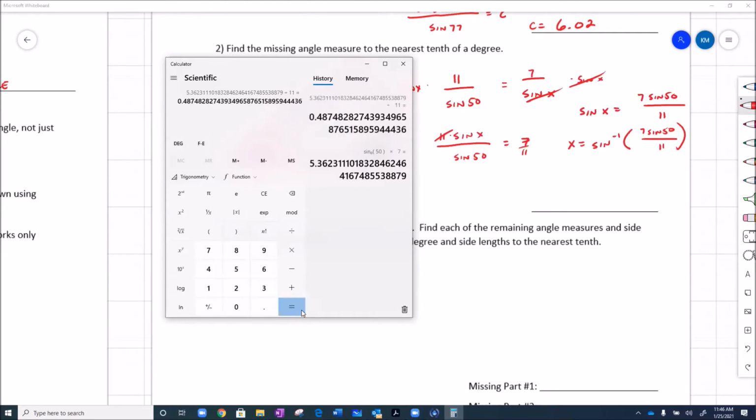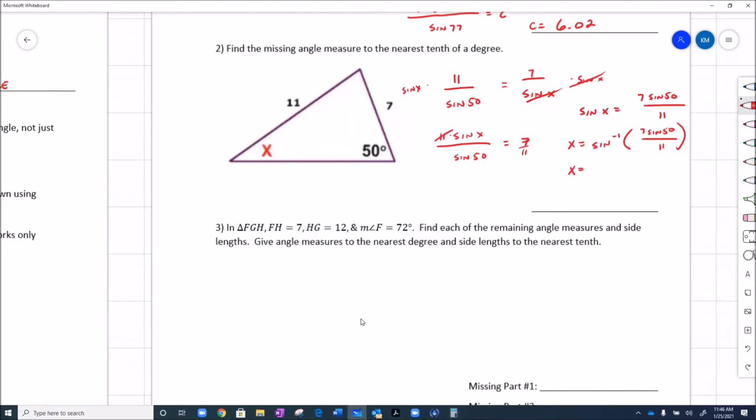And we have to do the inverse sine of that number, and that gave us 29.175. So x equals 29.175. Our directions say to the nearest tenth of a degree, so that's 29.2 degrees.